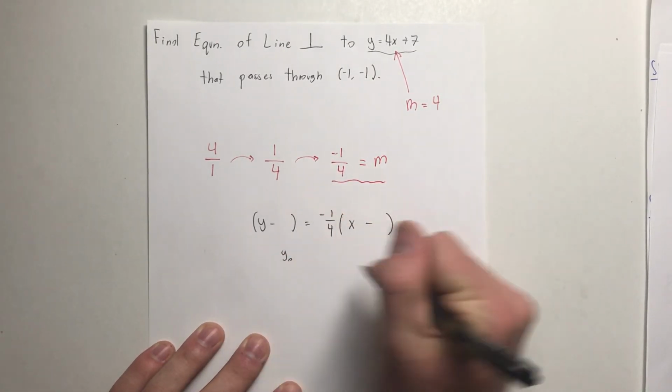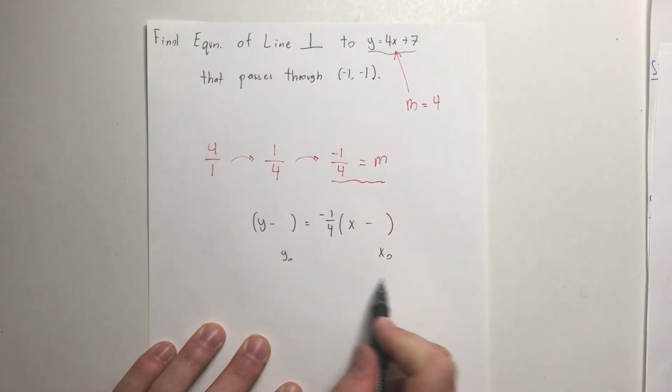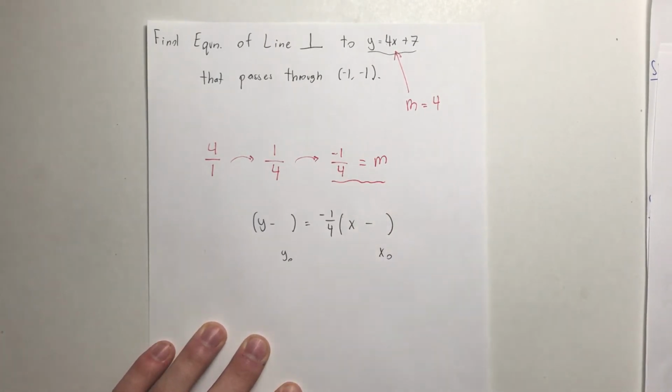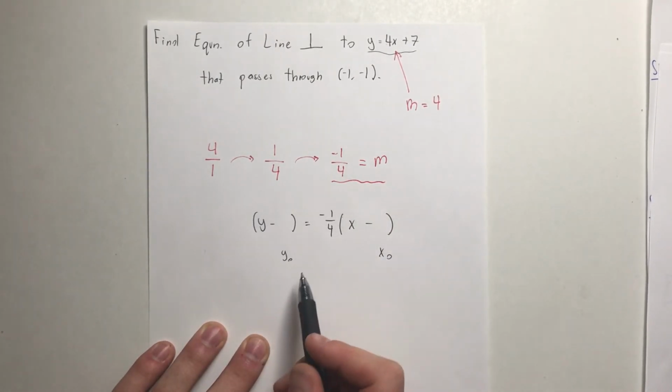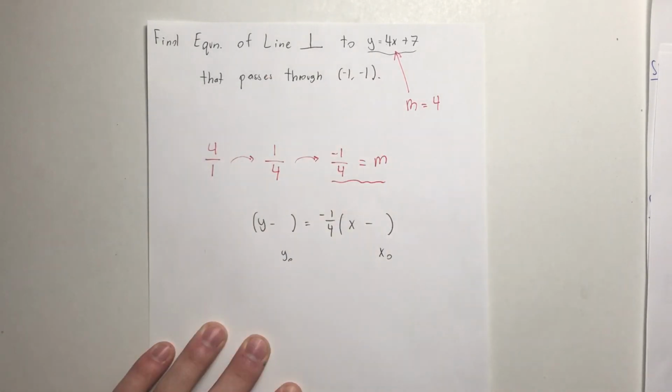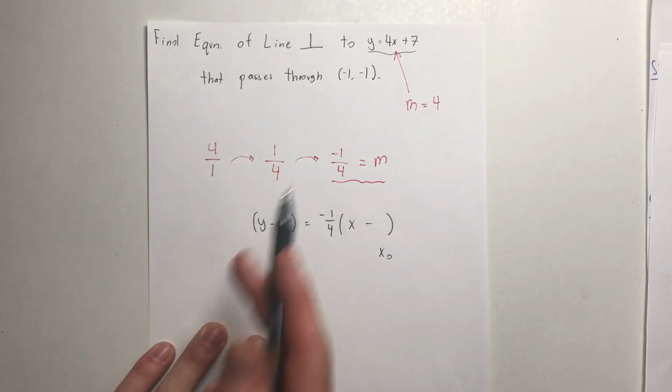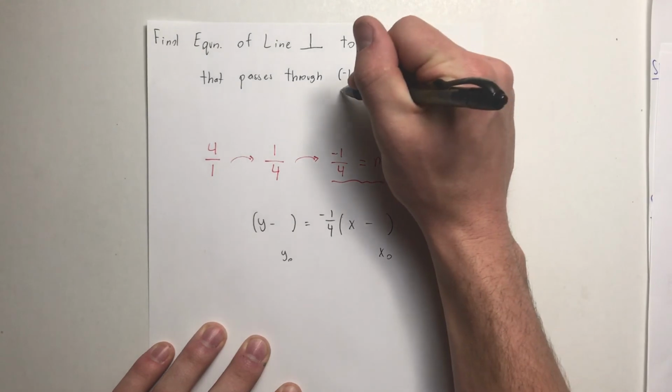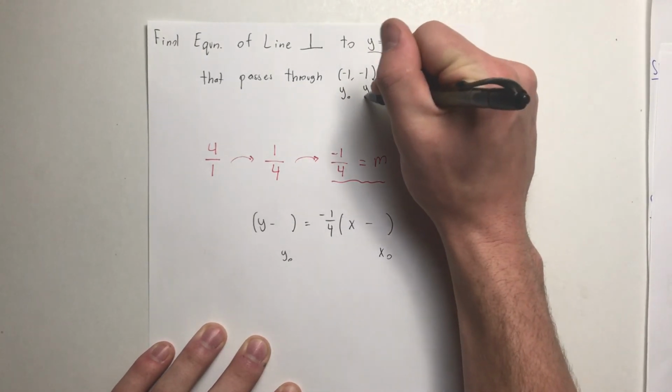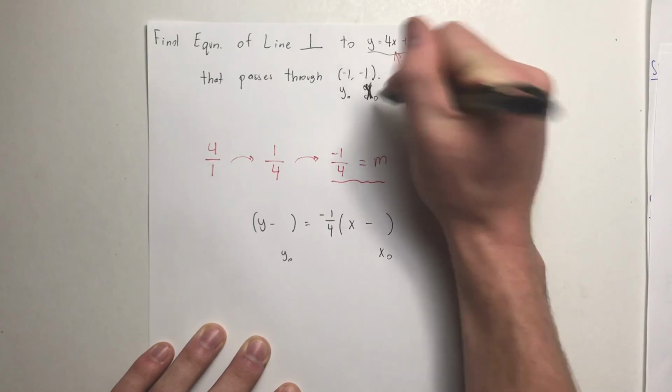So this y naught and x naught, if you remember from our earlier videos, is just any point that is on the line that we're trying to describe.